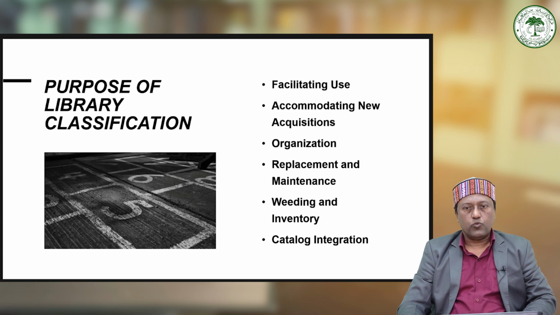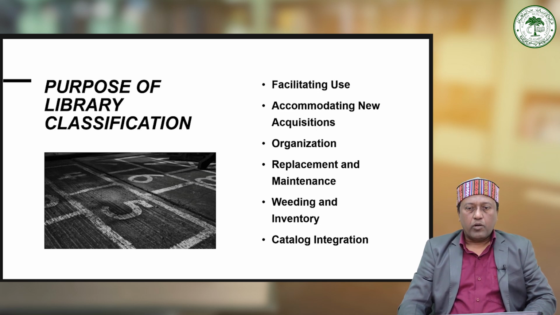Another important purpose is weeding of inventory. Library classification aids in the removal of unwanted or outdated materials from the shelves. By systematically organizing materials, classification systems make it easier for librarians to identify items that may need to be removed from the collection. That is called weeding out, due to damage, low use or obsolescence.